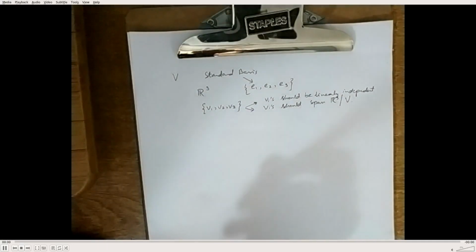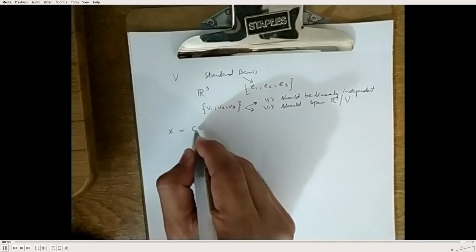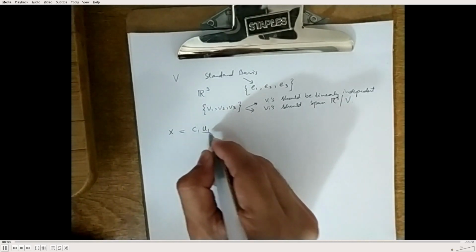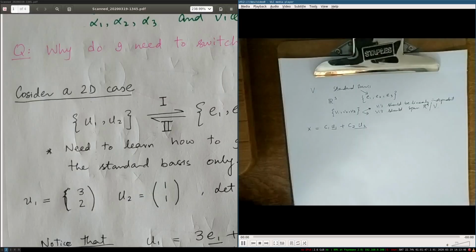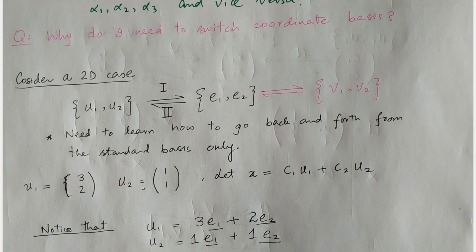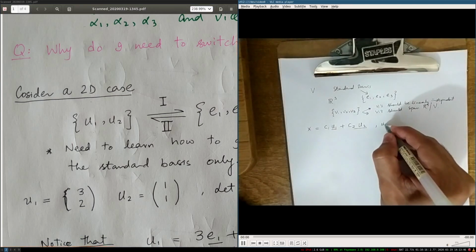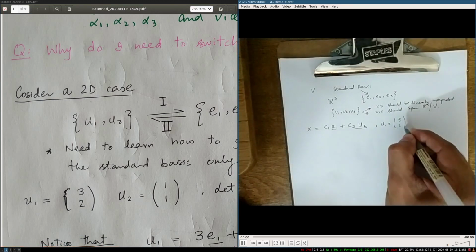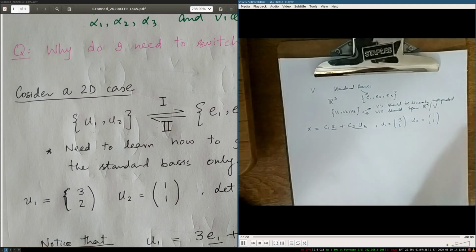So I repeat, we had x as C1 U1 plus C2 U2, and let's just write down what U1 was. U1 was 3, 2, and U2 was 1, 1.